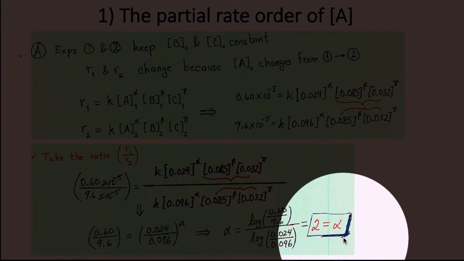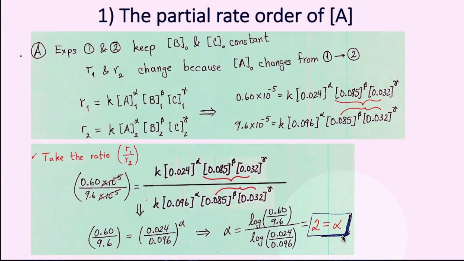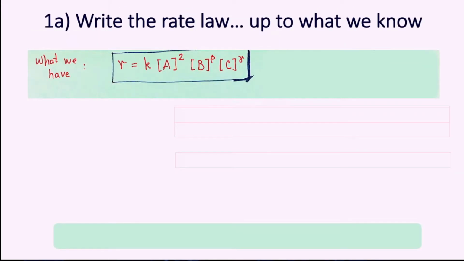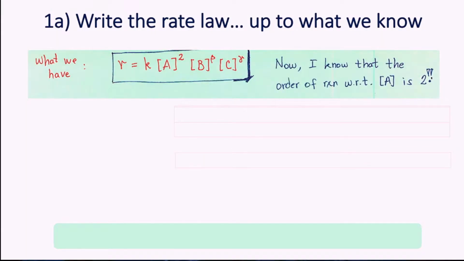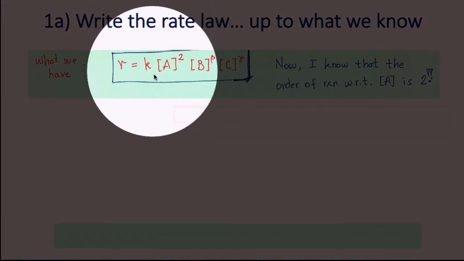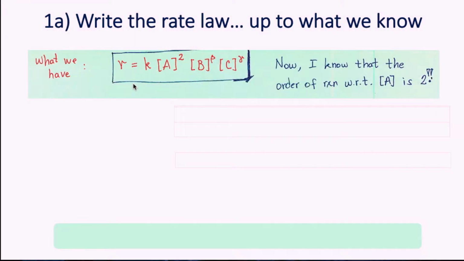Now, this is telling me that the partial rate order of reaction with respect to A is second order, or that the relationship between the rate and the concentration of A is quadratic. So this is a suggestion: write down the rate law up to what you know now. This quadratic relationship is going to help me solve the problem, as we're going to see now.